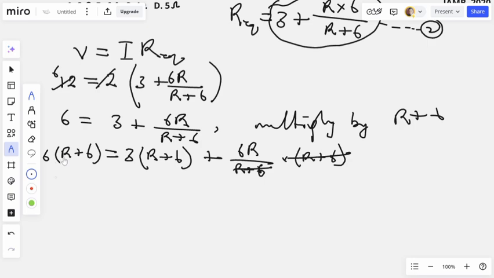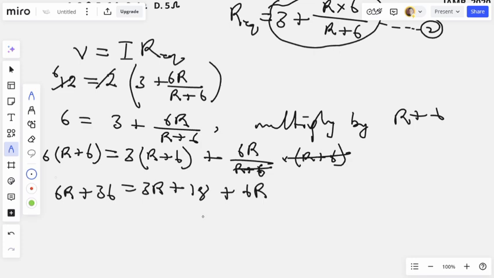We multiply through: 6 times R is 6R. 6 times 6, 36, equals 3 times R, 3R. 3 times 6 plus 18. Then here plus 6R. That's what is left there.